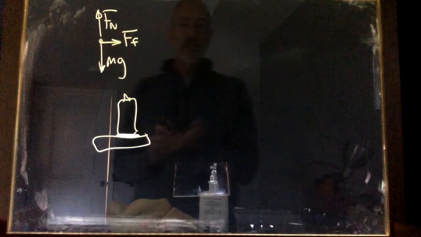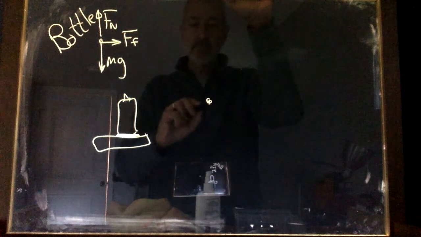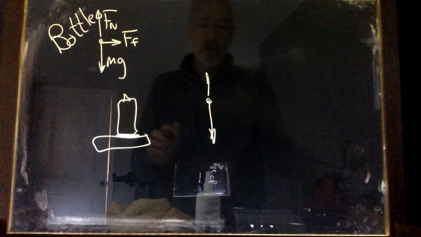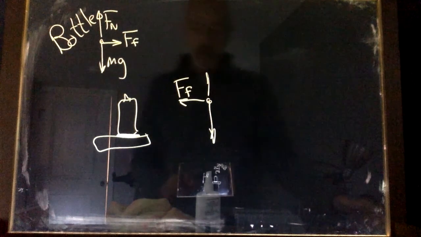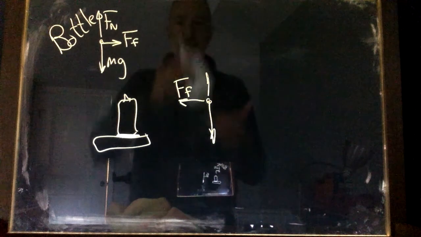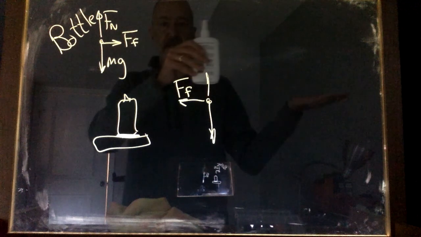My hand, if I don't have a bottle there, look how easy it is for me to move my hand. If I have the bottle, it's a little harder for me to move the bottle. So for the hand, we've got all sorts of forces on the hand because it's connected to my arm. But the force of friction is opposite that direction. Okay? Think of it like this. If this was a frictionless surface, I could slide my hand like that.